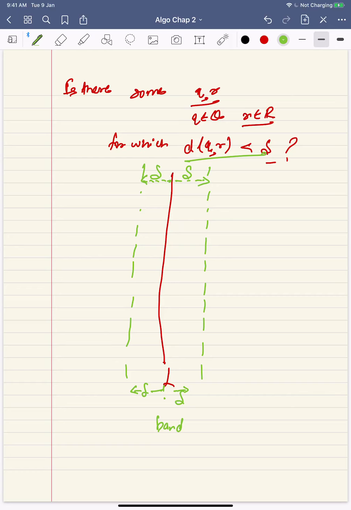I hope you agree with me, because once a point lies beyond this, it cannot have a distance less than delta with a point in Q. So they have to be within this band, and we can concentrate on this band.